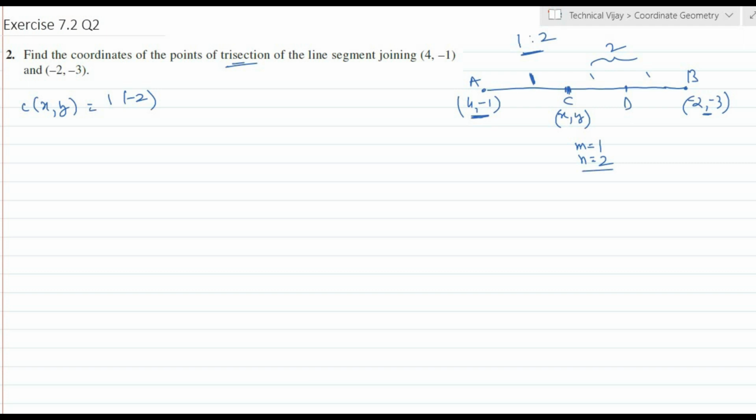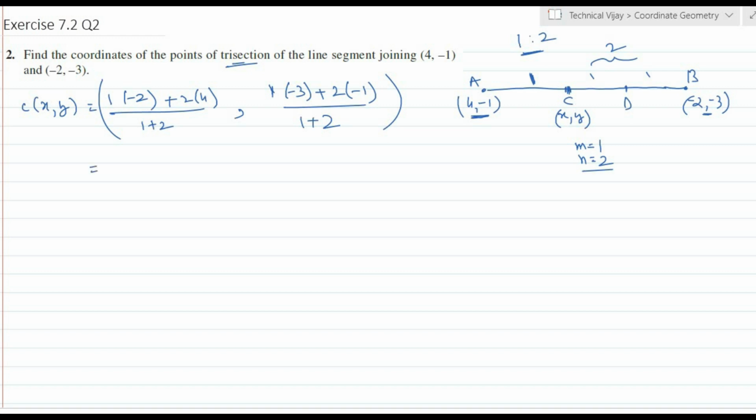So now m means 1 into minus 2 plus n is 2 into 4, divided by m plus n, that is 1 plus 2. This is the x coordinate. The y coordinate also we will write here: m, that is 1 into y2, that is minus 3, plus n 2 into minus 1, divided by 1 plus 2. So these are the x comma y coordinates.